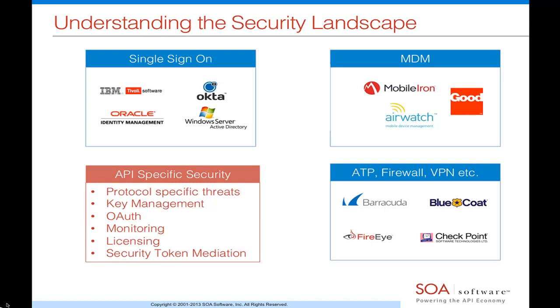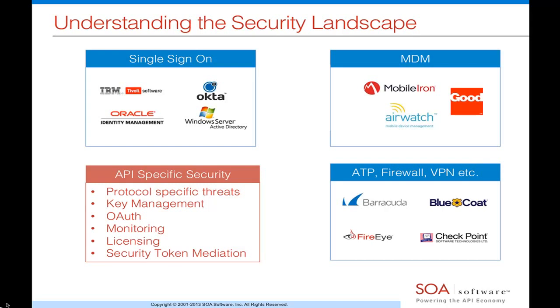The first one is single sign-on. The single sign-on solutions essentially provide you a place where they manage the identity of users. So if you have a bunch of users, they manage who the users are, and they control authentication and authorization so that users don't have to remember multiple passwords or have multiple logins.